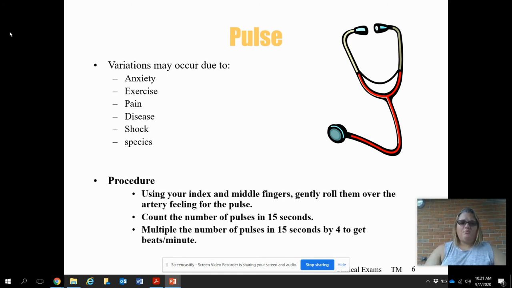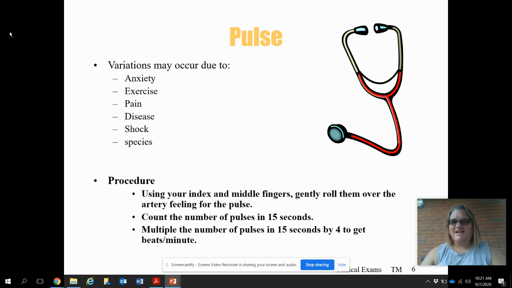So we talked about putting your fingers over that artery to be able to feel the pulse, and then counting for 15 seconds and then multiplying by 4 to get how many beats per minute. You can also auscultate and listen through a stethoscope, and you put that stethoscope over the animal's heart, which is usually on the animal's left side, is where you want to listen.